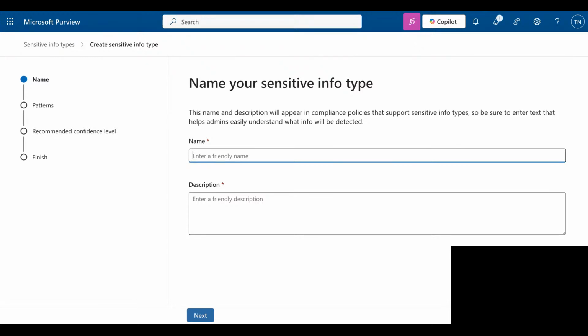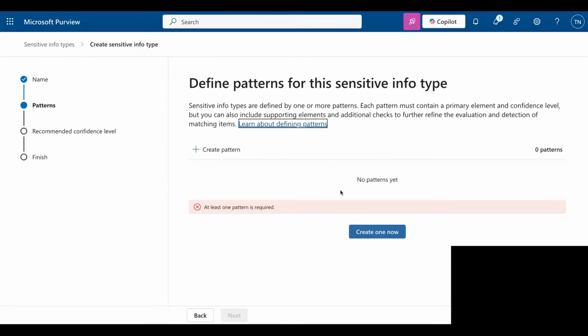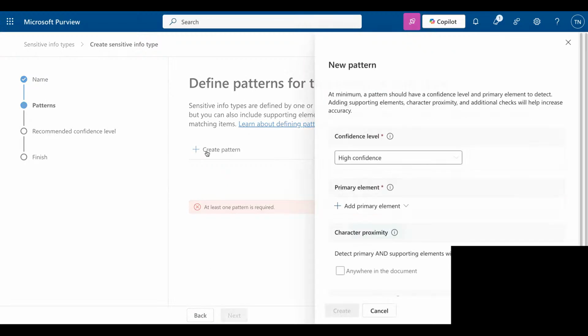Let's say I want to monitor or block driver's license. So I'll create a pattern.